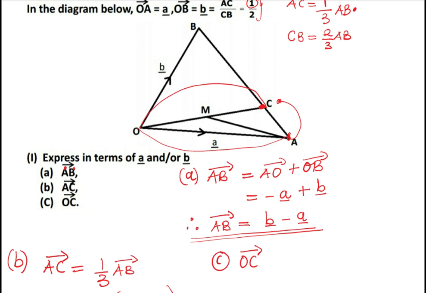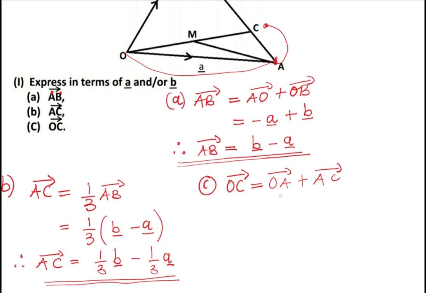So assume that you've taken this route up to C, because we are finding OC. We're saying OC is equal to OA plus AC, which reaches C from O. We know what OA is: OA is just A. AC is 1/3 B minus 1/3 A. These are like terms, so I can collect them.